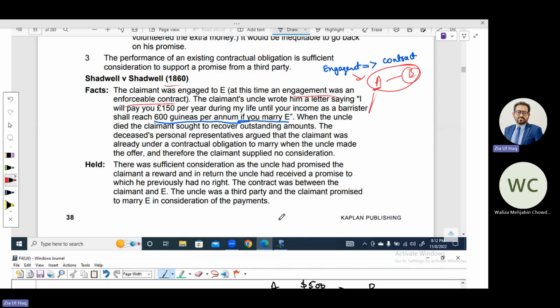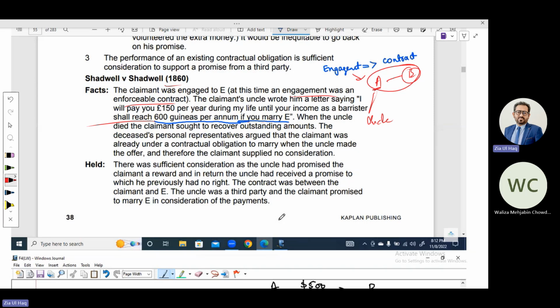A's uncle wrote him a letter saying, I will pay you £150 per year during my life until your income as a barrister reaches 600 guineas per annum, if you marry E. A's uncle promised A, if you marry E, I will pay you £150 per year during my life until your income is below 600.